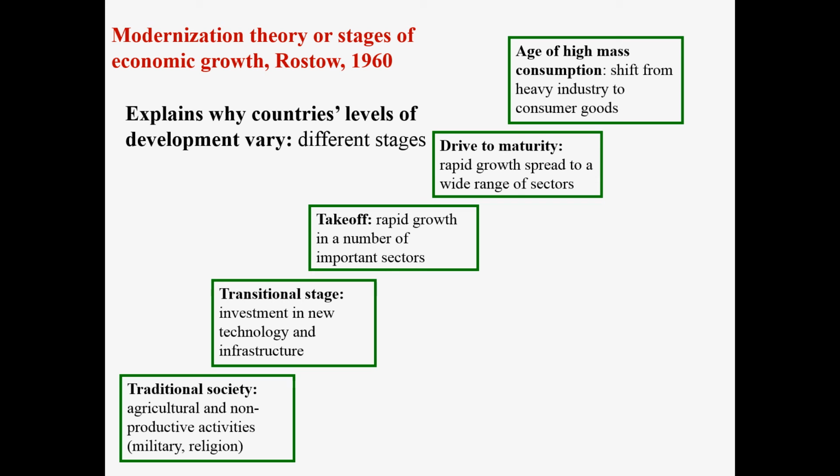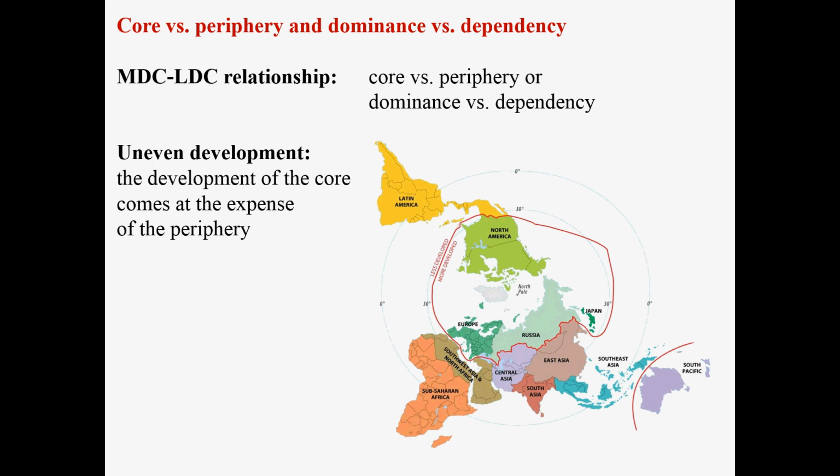This seems to be a model that accurately describes what happened to Western countries that have successfully achieved industrialization and development. But many scholars in developing countries see things very differently. What they propose is the core versus the periphery model, or the dominance versus the dependency model. What they believe is that in the current world, we can divide the world into two parts.